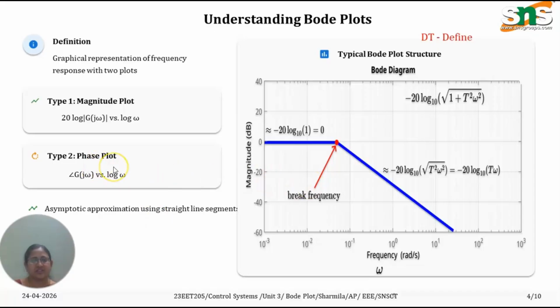The second one is the phase plot, which shows the phase angle of G(jω) versus log ω. These plots are usually drawn using straight line approximations called asymptotic plots, which simplify the analysis.